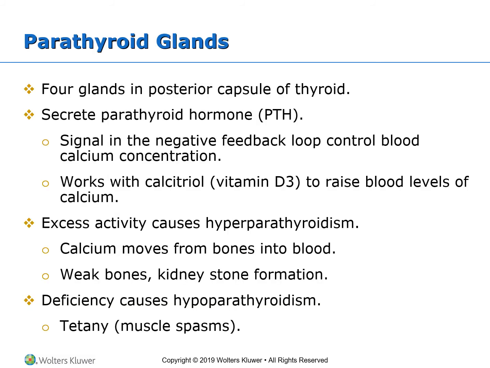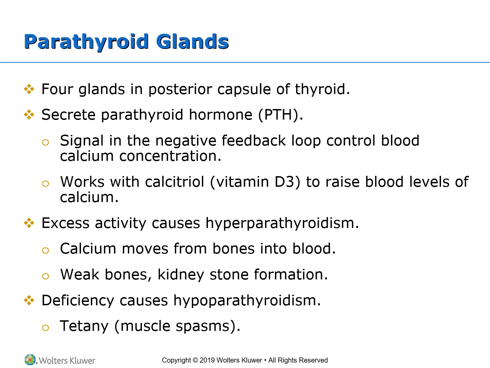As I started to tell you before, the parathyroid glands are those four glands that are located on the posterior side of the thyroid gland, and their main function is to secrete the parathyroid hormone.